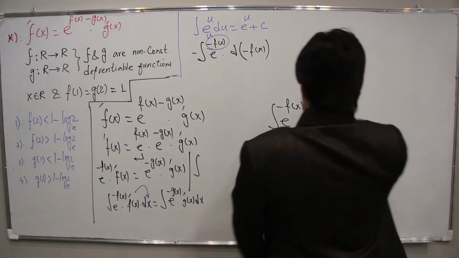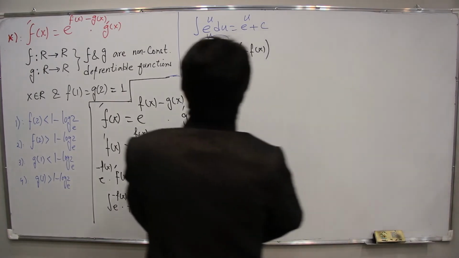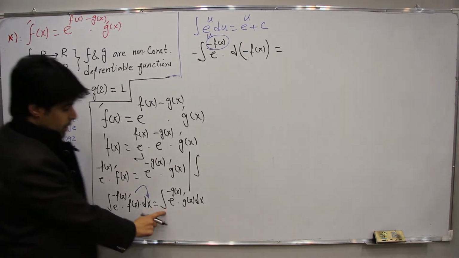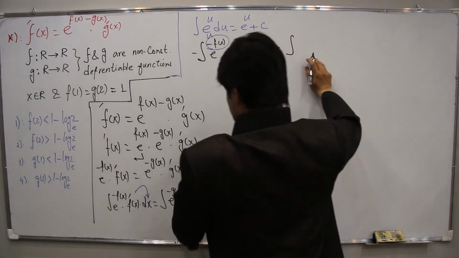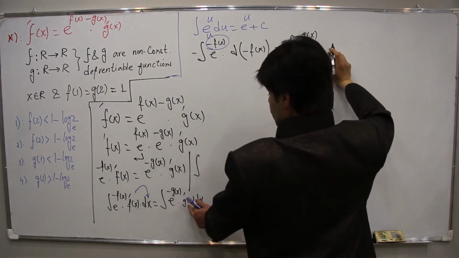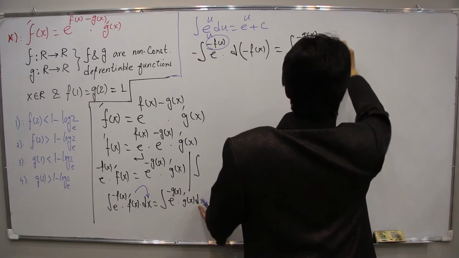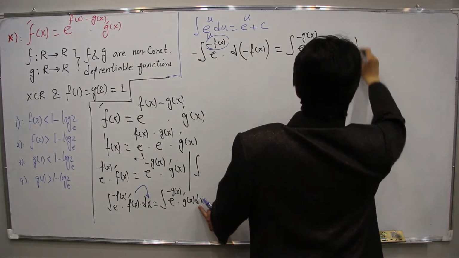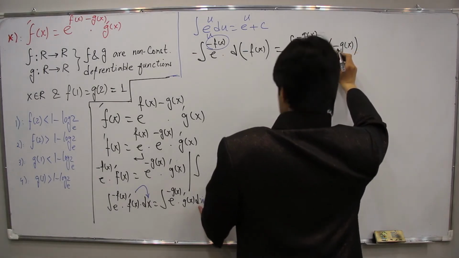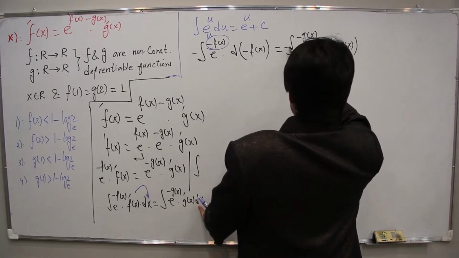So I have to put in here 1 minus equal. In here also the same, integration e to the power minus g(x). Now I have to bring this g dash x into differentiation, so I have to write d g(x), but we have minus g(x). I have to write 1 minus here and 1 minus in here.